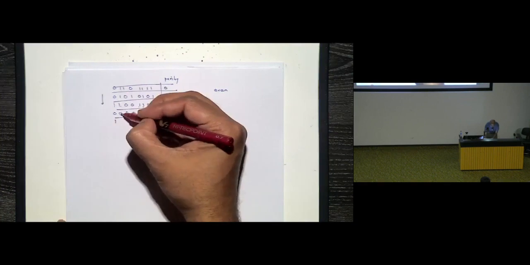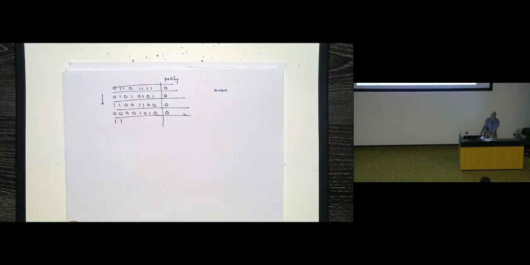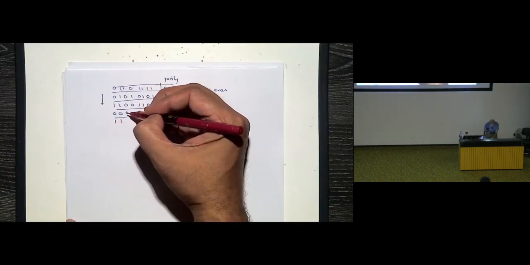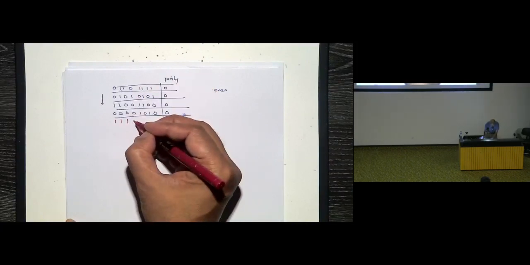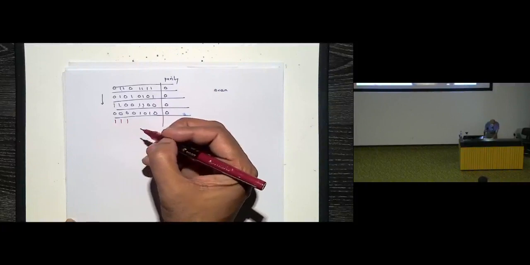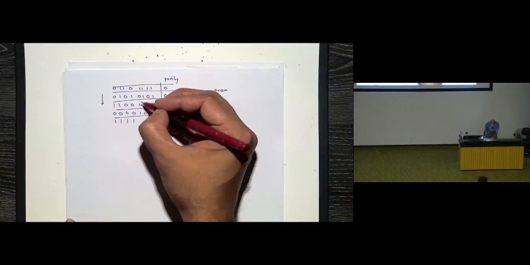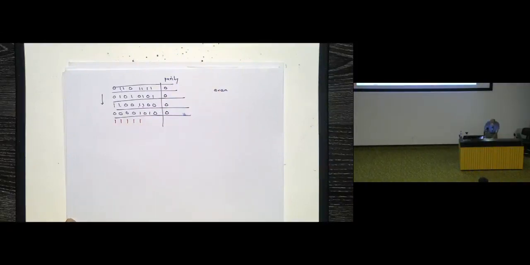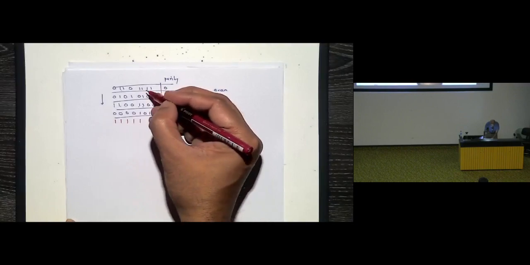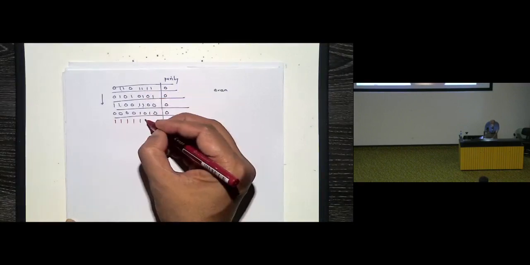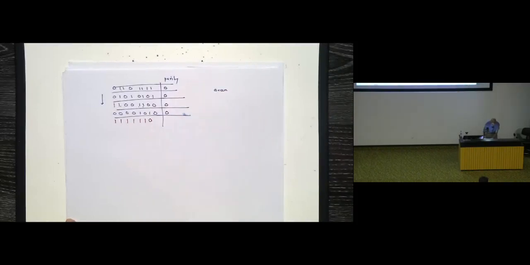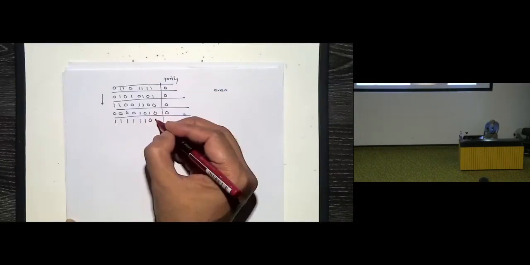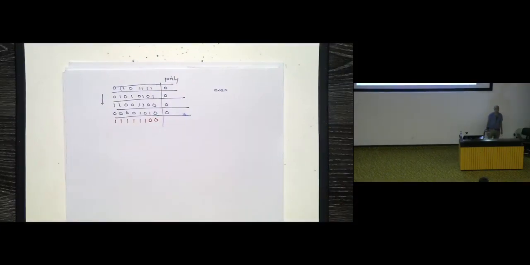In this case, I have 3 ones, so add a 1. Here I have a single 1, so add a 1. I have a single 1. Okay, fine. So 1, 2, 3 ones, so I add a 1. I made a bad example. Anyway, 1, 2, 3 ones, so add a 1. Okay, finally. There are 2 ones, so I don't need to add. There are 2 ones, so I don't need to add.